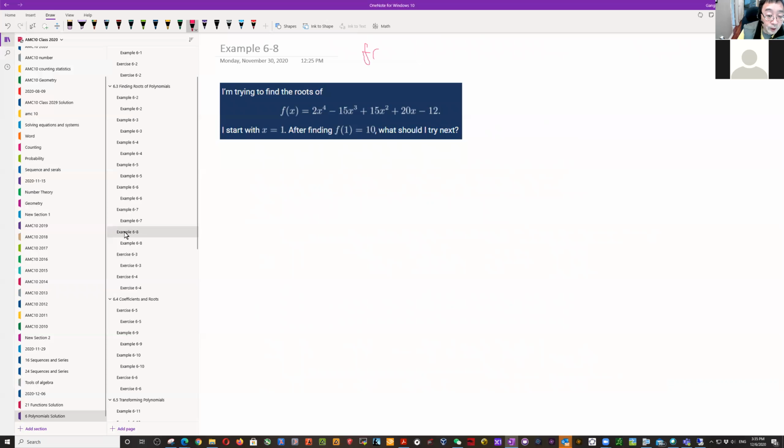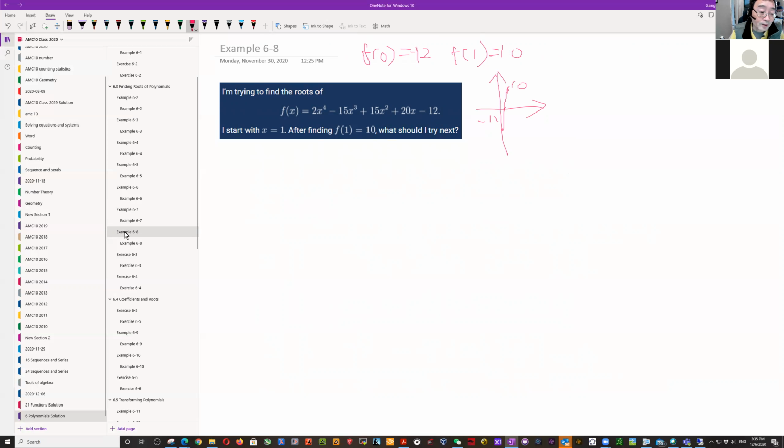So f0 is actually equal to negative 12, and f1 is actually equal to 10. If you draw the function, at some point it equals -12, and f1 here is actually 10. So it actually means that there's a solution between 0 and 1.